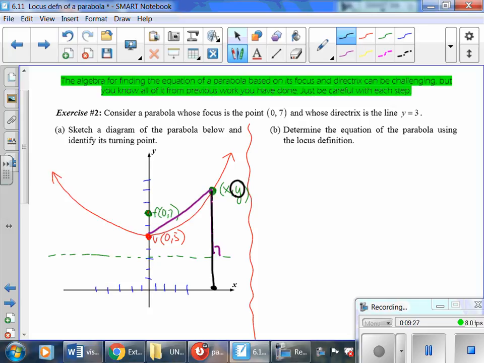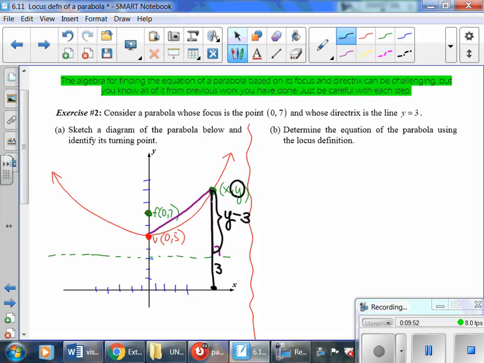So I know that's y. So how am I going to represent this? Well, I know this is 3 units, because I've got 3 units above the x-axis is my directrix. So I'm going to be able to represent my vertical distance as y minus 3.